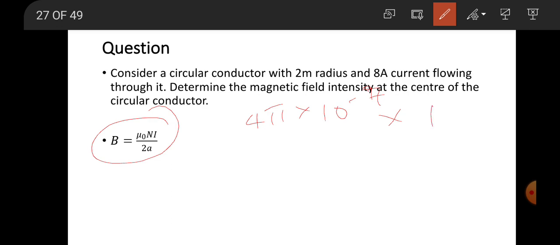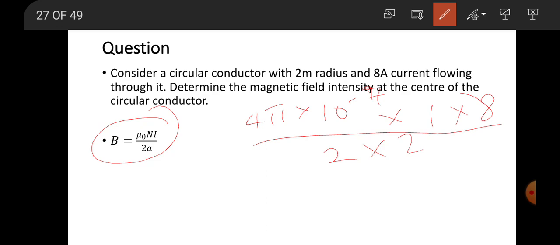So there is no turn here. Then multiply by I. What is I? I is the current, that means 8 amperes, divided by 2a, 2 times the radius, that means 2 times 2. So in that case, we are going to have 4 pi times 10 to the power minus 7 multiplied by 8, now divided by 4 as the denominator.